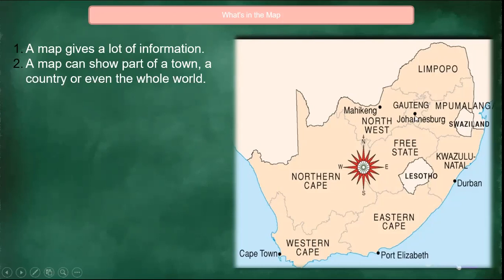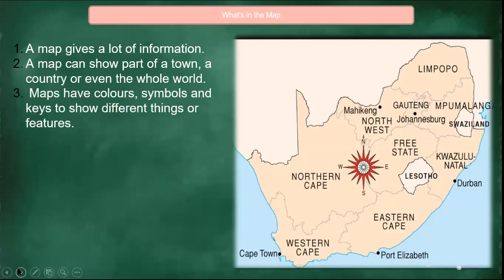We have Johannesburg here, and then Mafikeng, Cape Town, Port Elizabeth. It is also showing part of a town, a country, or even the whole world. So now it is showing a country here. It also shows us other countries, which are Lesotho and Swaziland, and there are other neighboring countries around South Africa, okay?